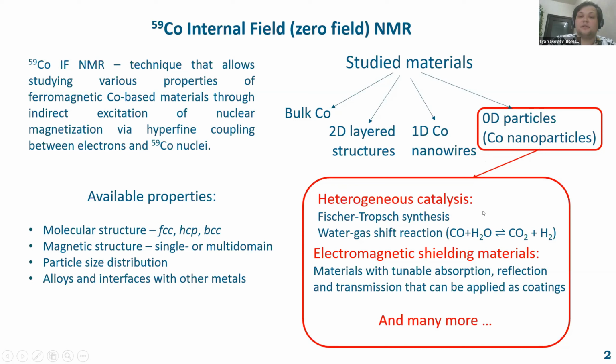They can also be used in different electromagnetic shielding materials with tunable absorption, reflection, and transmission of electromagnetic waves. And such materials can be applied as coatings of different thickness. And of course, there are many more applications for cobalt nanoparticles.